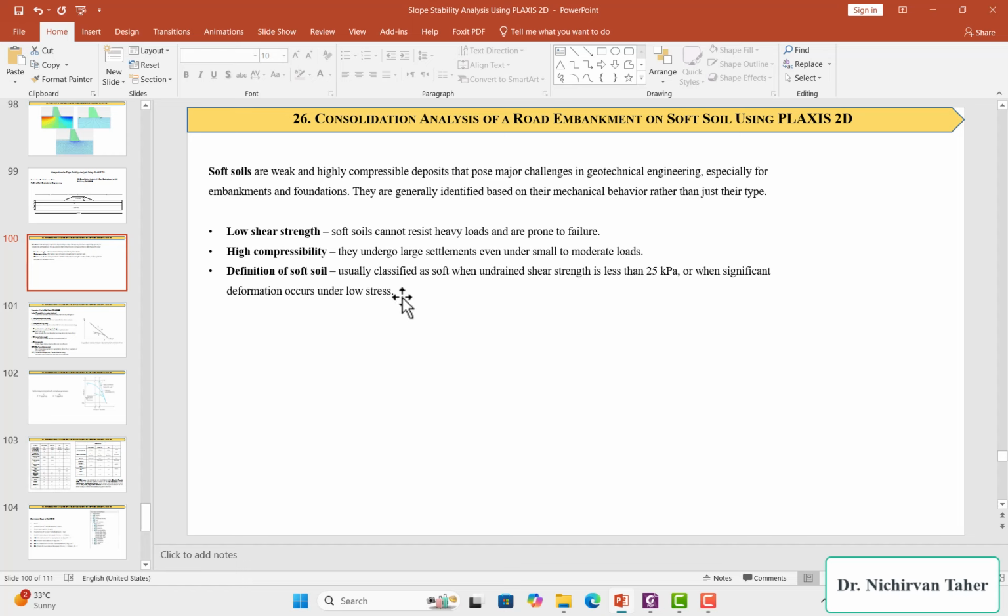The soil is usually classified as a soft soil when its undrained shear strength is less than 25 kilopascal, or when significant deformation occurs under low stress. This can usually be estimated in a one-dimensional consolidation test or oedometer test.